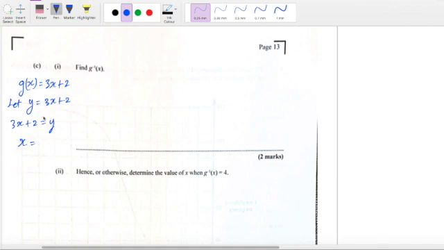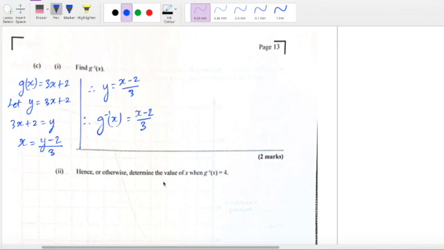Throw across the 2, so it becomes y minus 2, and then throw across the divide by 3. So now we literally just flip the x and the y. Literally just switch them, right? So y is equal to x minus 2 over 3, and therefore g inverse of x is x minus 2 over 3.